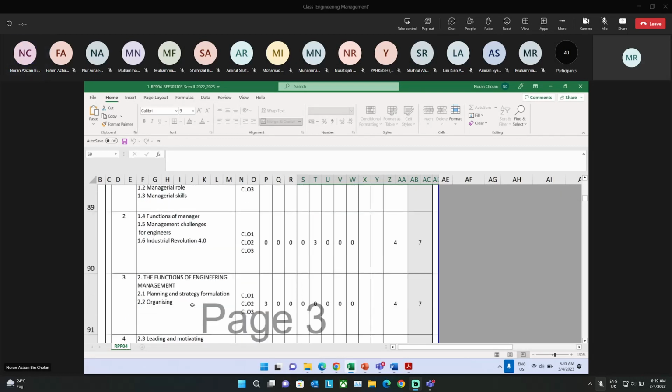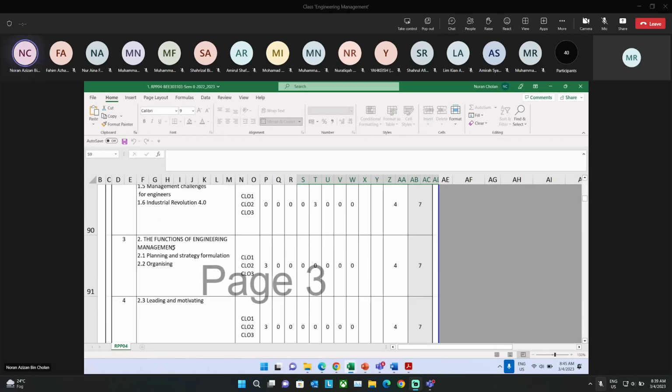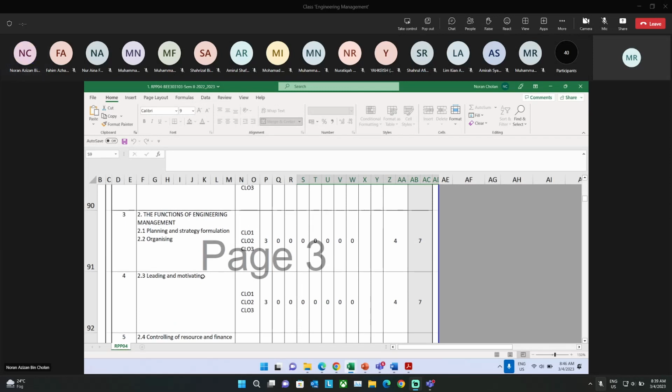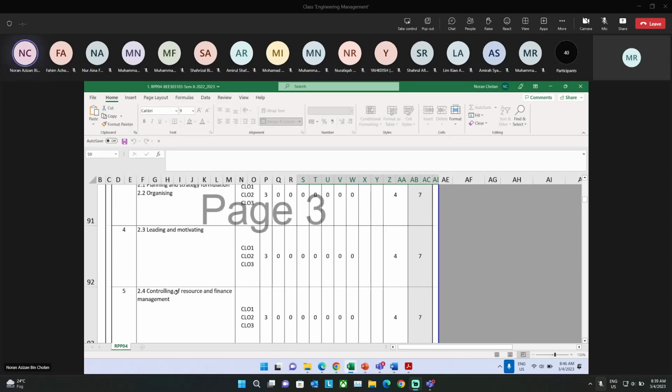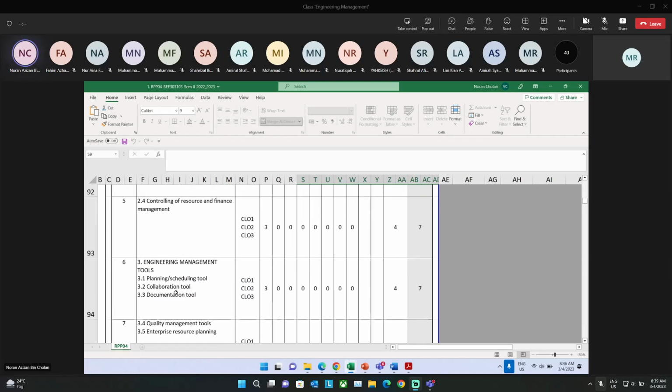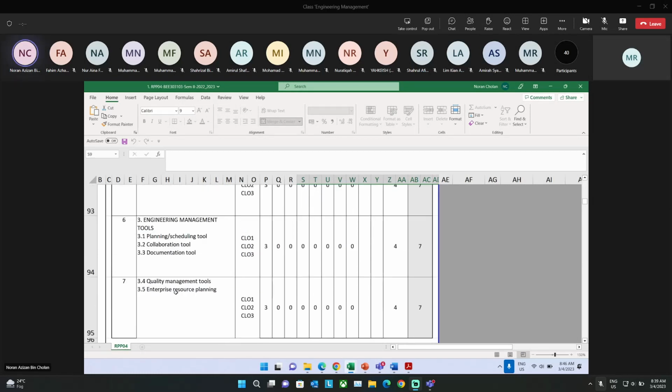Chapter 2 is about the functions of engineering management, what we basically do in engineering management: planning, organizing, leading and motivating, and controlling. We'll go through this one by one. Chapter 3 is about engineering management tools.